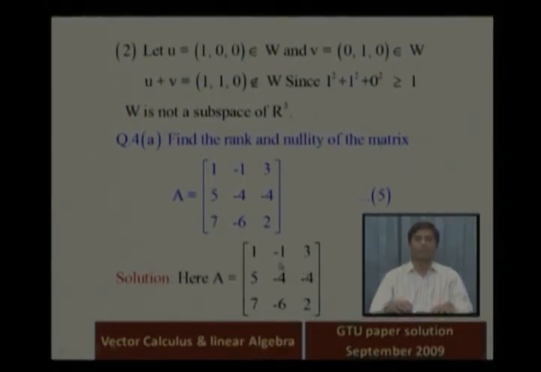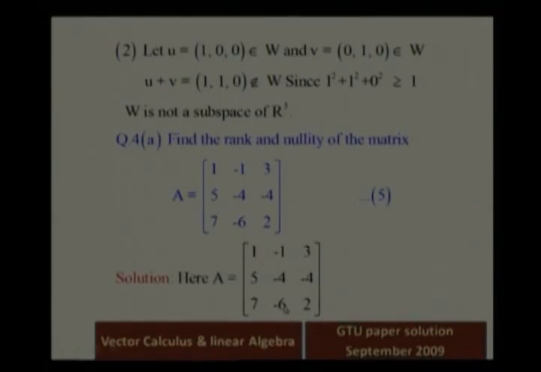We have to first of all convert the given matrix into row echelon form. So we multiply the first row with -5 and add it to the second row, and then we multiply the first row with -7 and add it to the third row. These two processes are our first step.